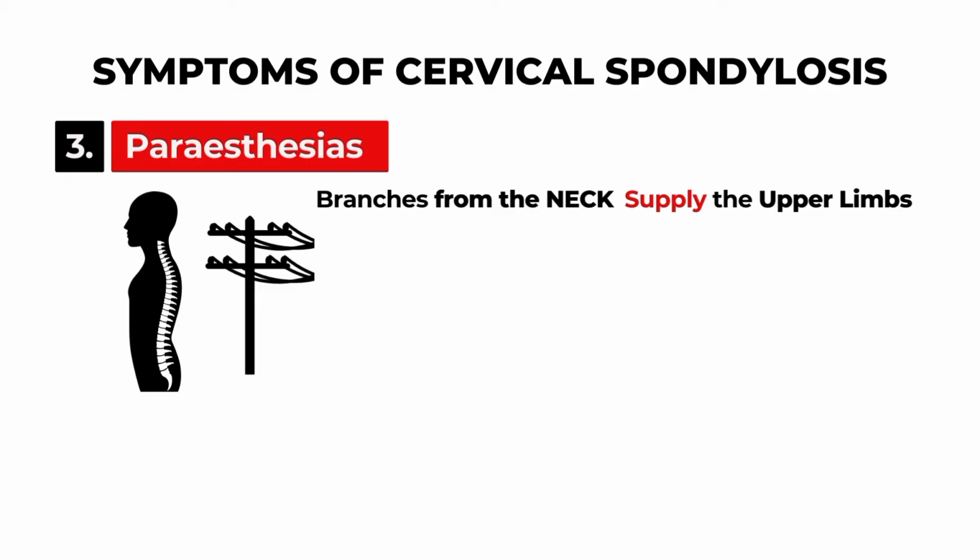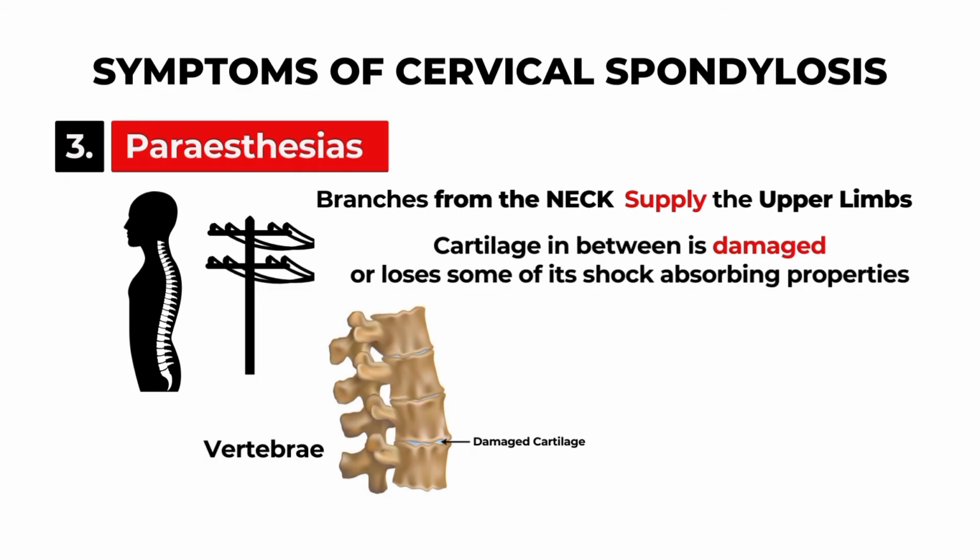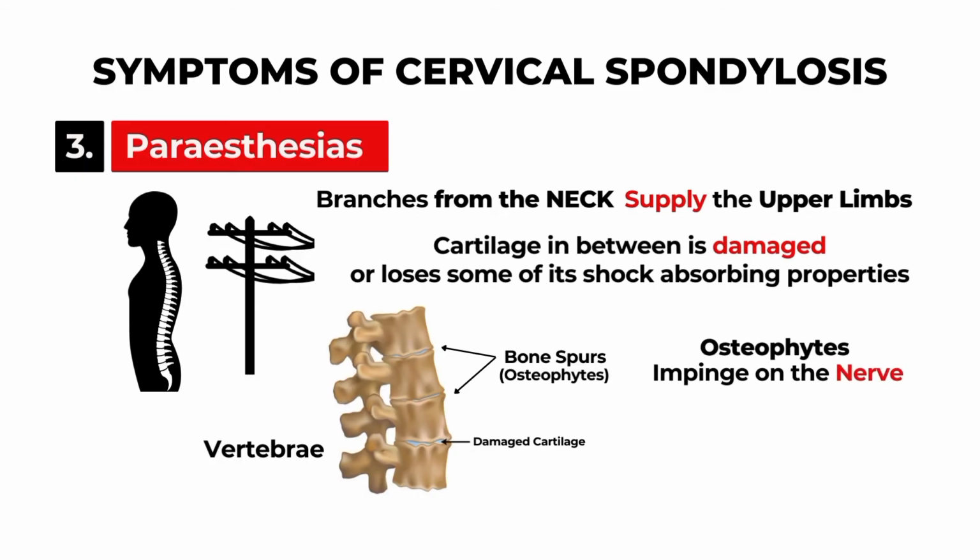When a patient has cervical spondylosis, the cartilage in between is damaged or loses some of its shock absorbing properties, and then the vertebrae gives off bony spurs referred to as osteophytes. These osteophytes impinge on the nerve, and so the pain that you feel down the line is a result of the impingement of the nerves as they arise from the spinal cord.